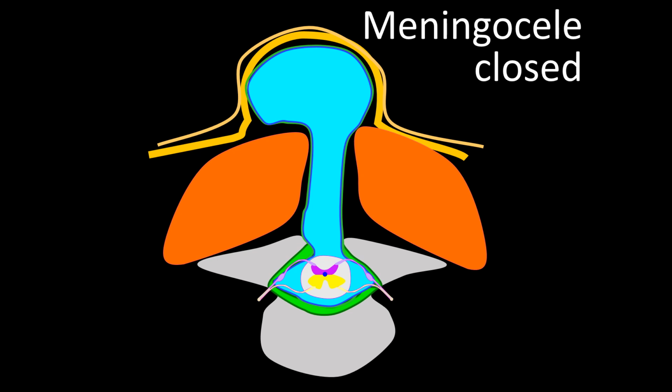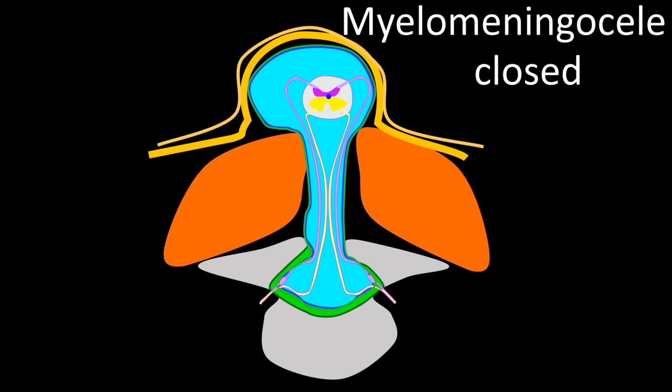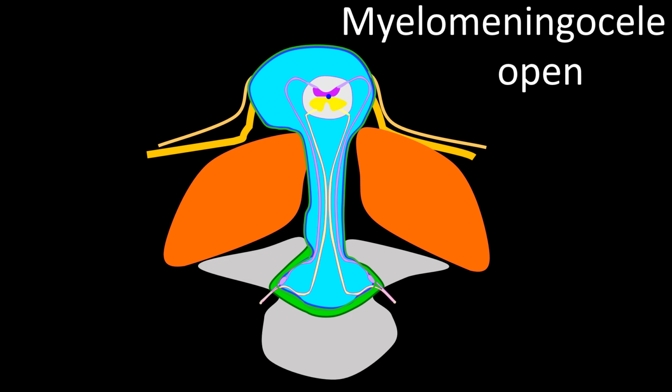Meningoceles may be closed if the sac is covered by skin and subcutaneous tissue, as it is in this patient, or open. It is called open because the skin and the subcutaneous tissue is missing and the meningeal sac is exposed to the ambient. If the spinal cord has moved into the sac, then it is called a myelomeningocele, closed if covered by subcutaneous tissue as shown in this frame, or open if it is not, as you can see here.